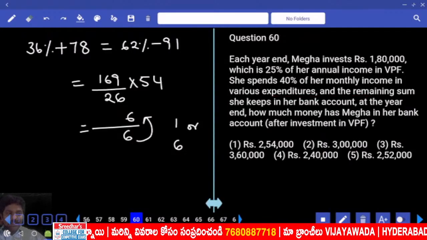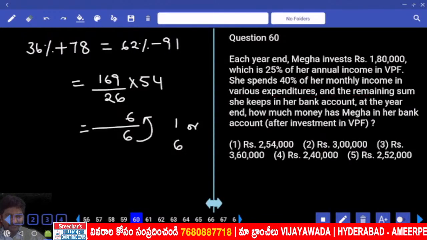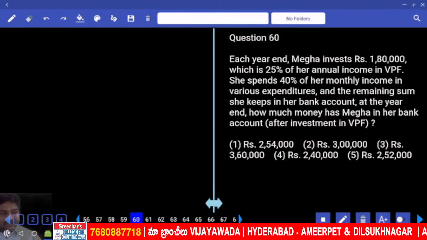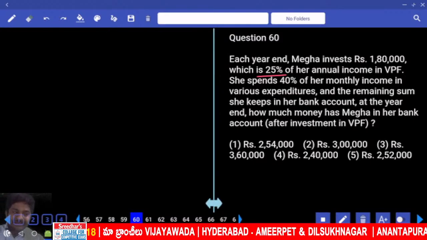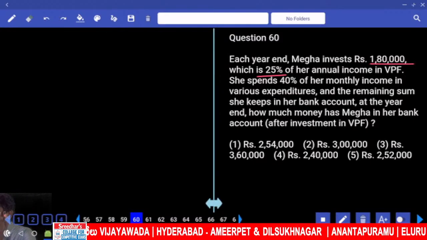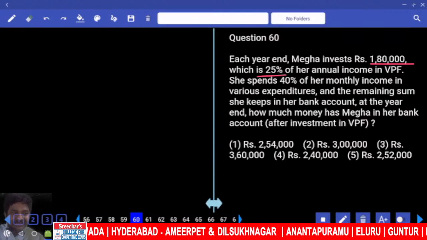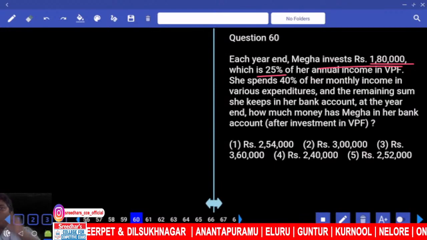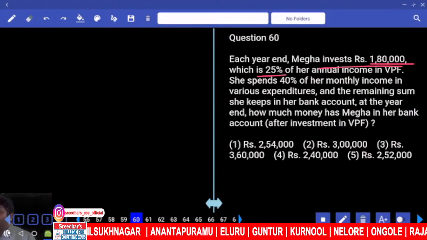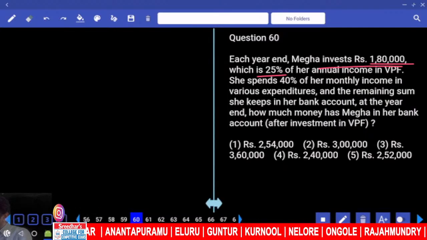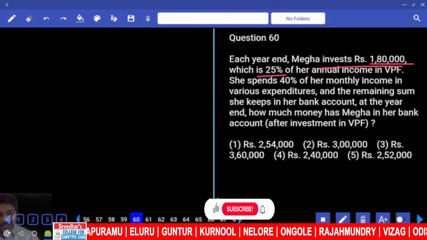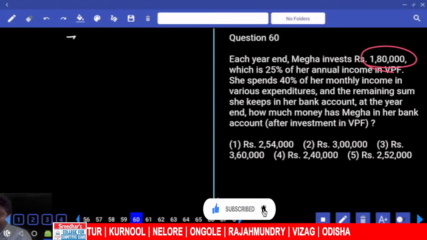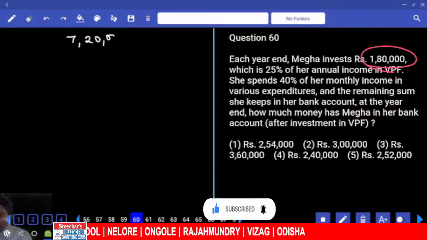Each year end, Mega invests 1,80,000, which is 25% of her annual income, in VPF. So that means 25% of annual income is 1,80,000. She invested 1,80,000 rupees every year, which is 25% of her income. Then her income is 4 times this number, which is 7,20,000.